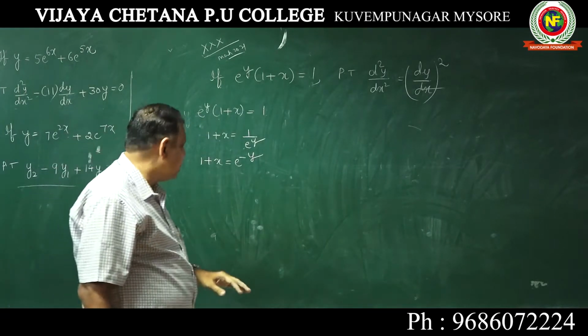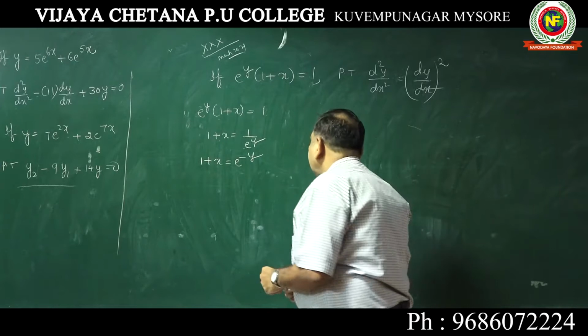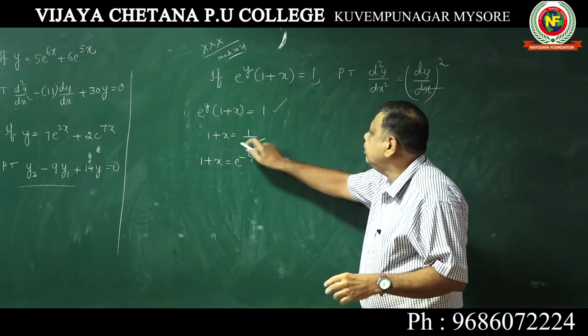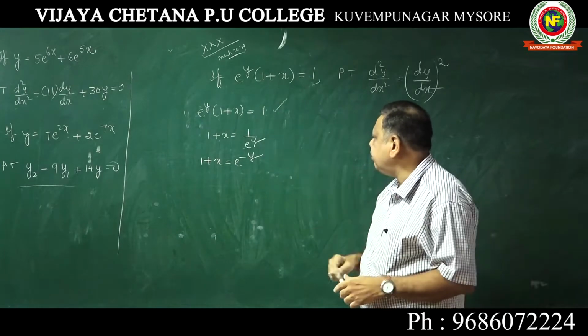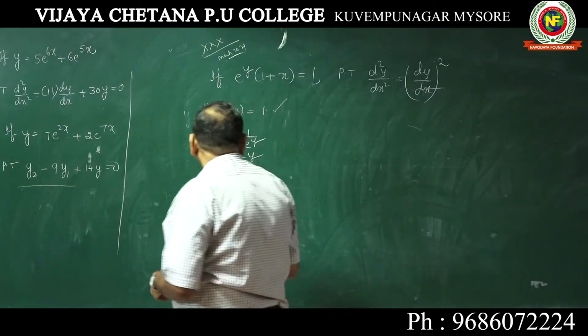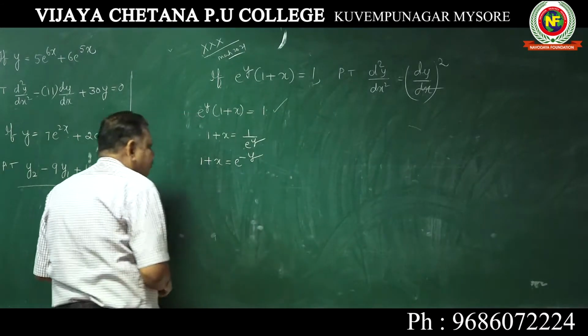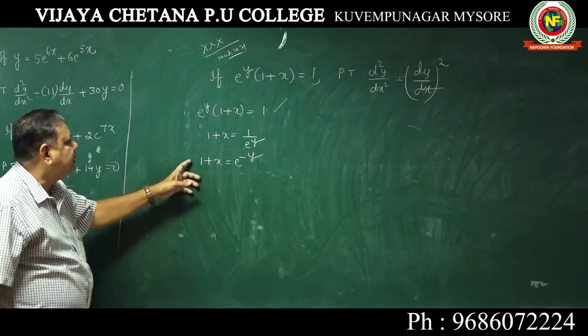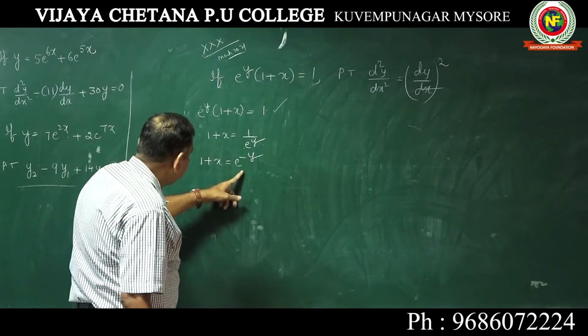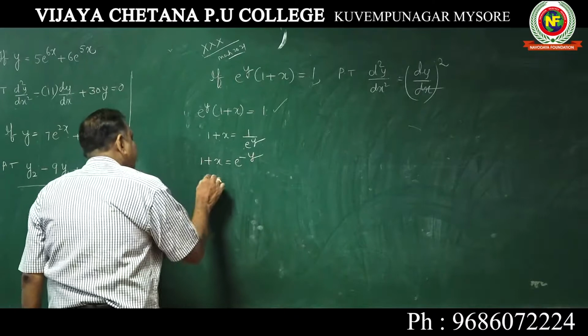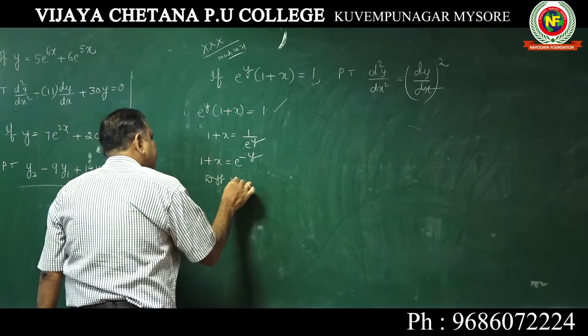So what you should do is, e power y into 1 plus x equals 1, now 1 plus x is equal to 1 by e to the power of y, which can be written as e power minus y. Differentiate with respect to x.